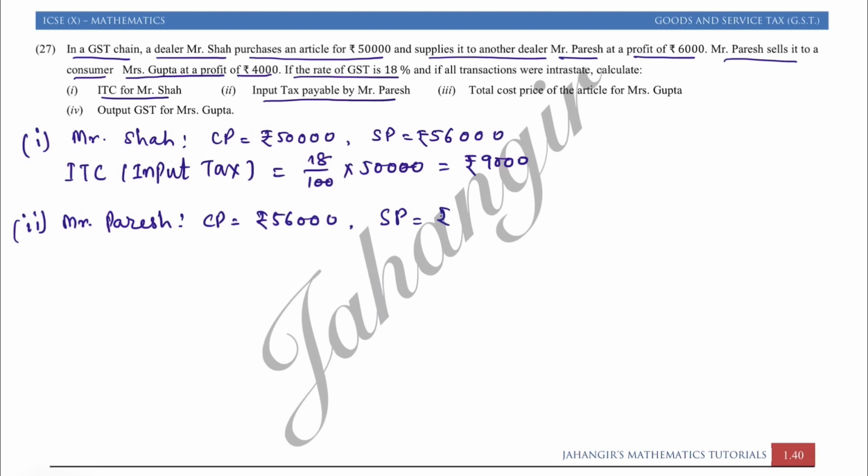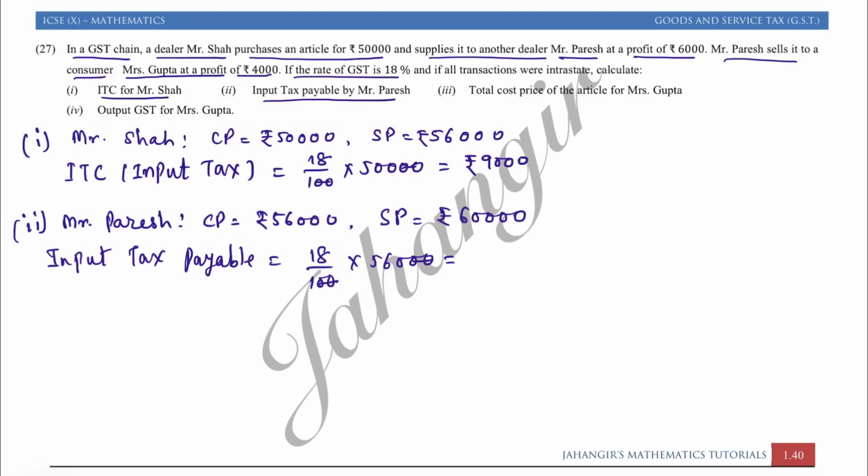So selling price will become 60,000. So input tax payable by Mr. Paresh is again the same, 18% of 56,000.